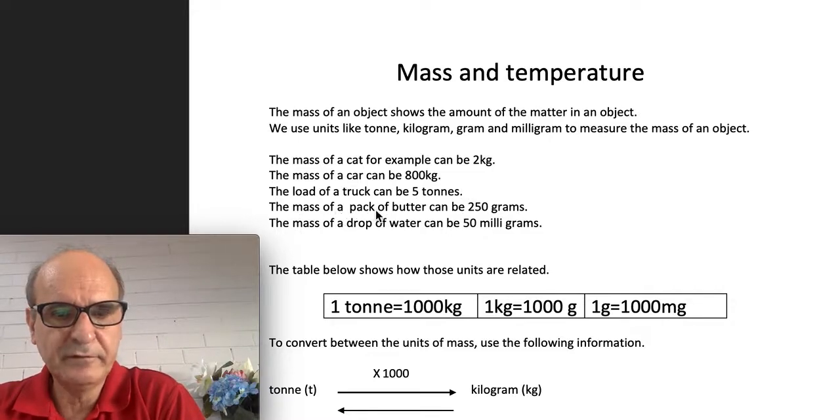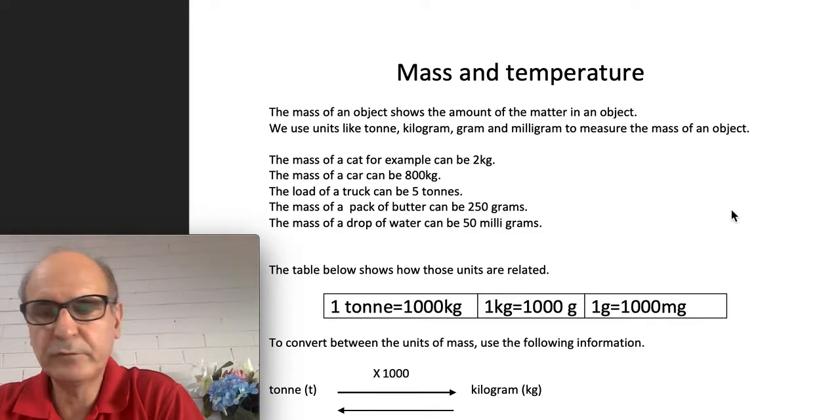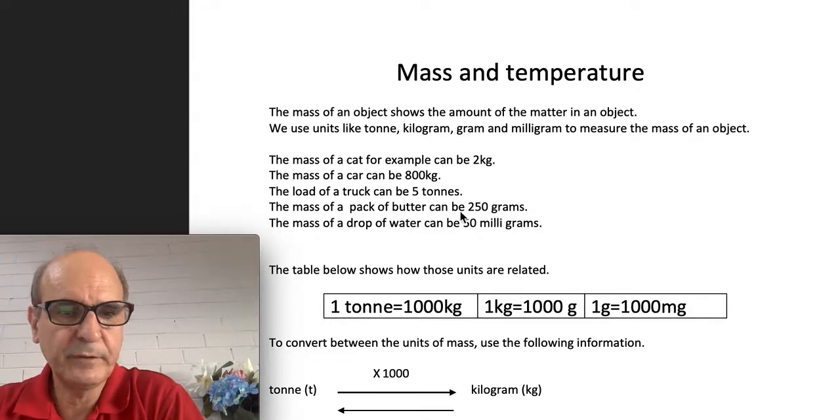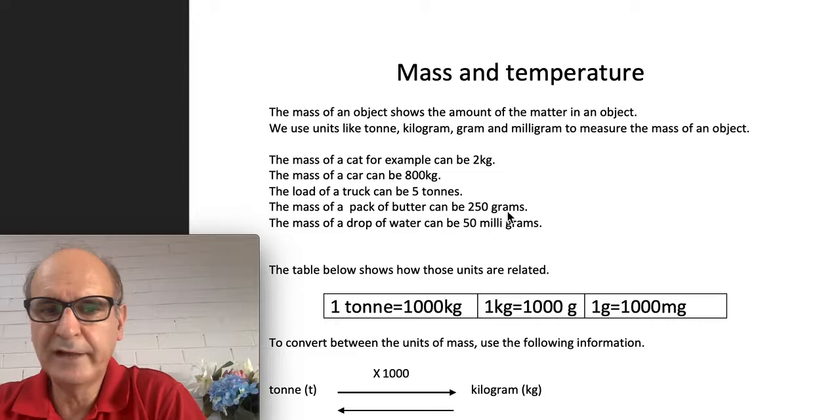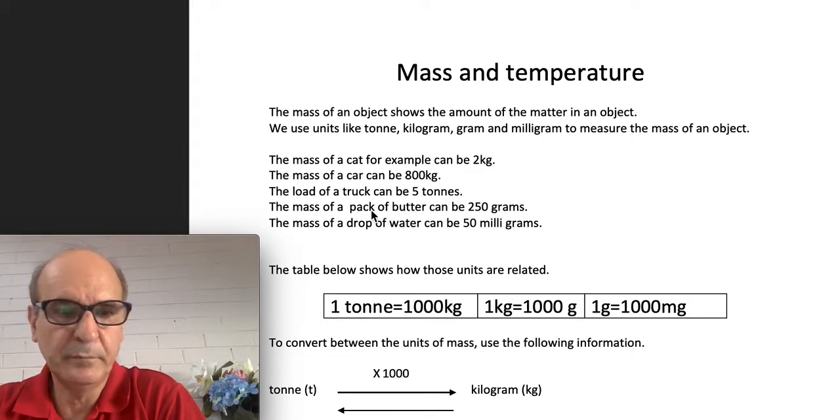And the mass of a pack of butter that you use in the kitchen for cooking is 250 grams. So each pack is 250 grams. Roughly, again, it can vary, but we use grams to talk about the mass of butter.